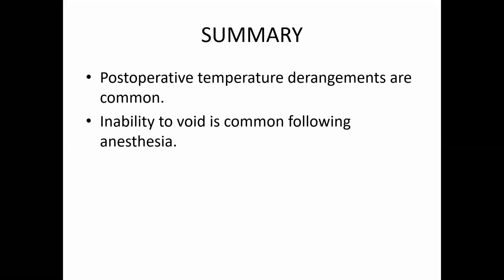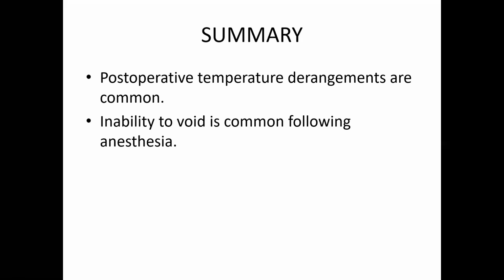Postoperative temperature derangements, both hypothermia and hyperthermia, can have bad consequences in the immediate postoperative period. So you need to assess them, and you can either warm the patient or use pethidine, or meperidine, which can be used to stop postoperative shivering because it changes the shivering threshold.